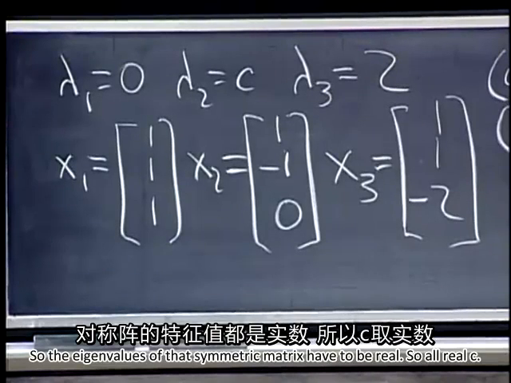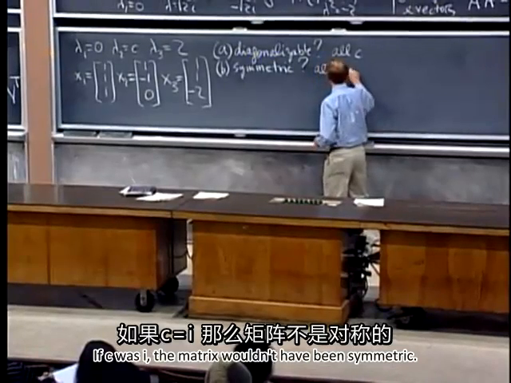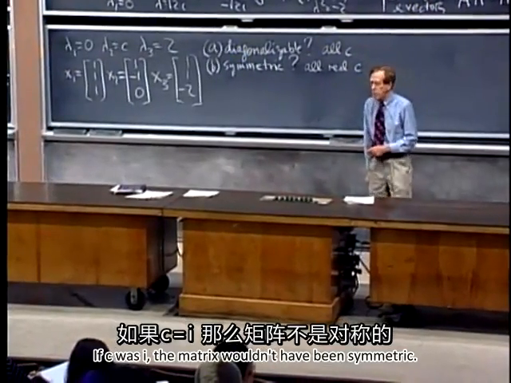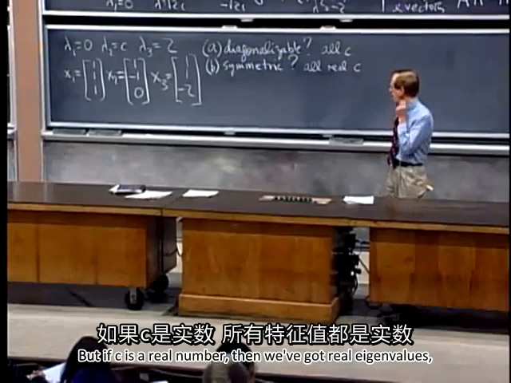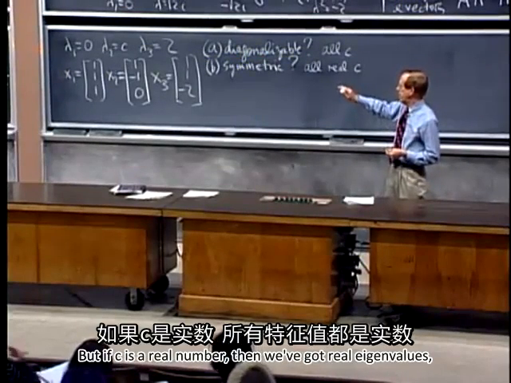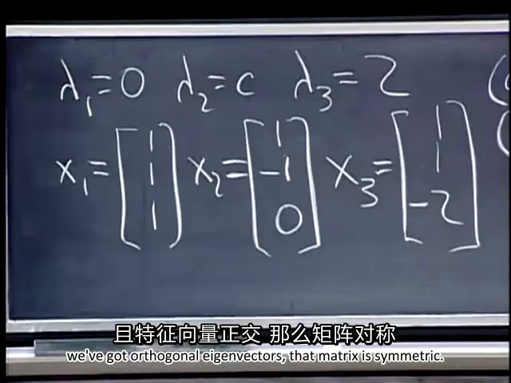So the eigenvalues of that symmetric matrix have to be real. So all real C. If C was i, the matrix wouldn't have been symmetric. But if C is a real number, then we've got real eigenvalues, we've got orthogonal eigenvectors, that matrix is symmetric.